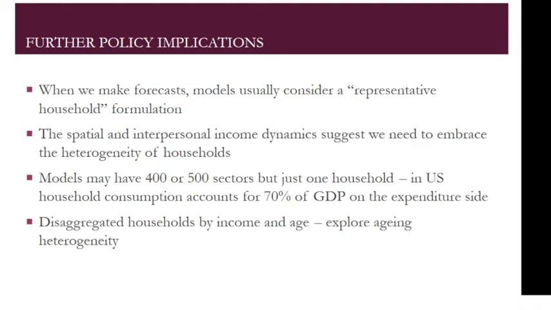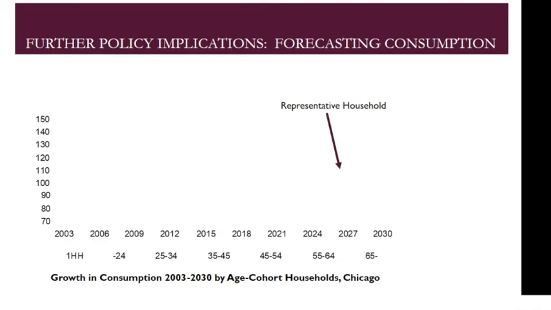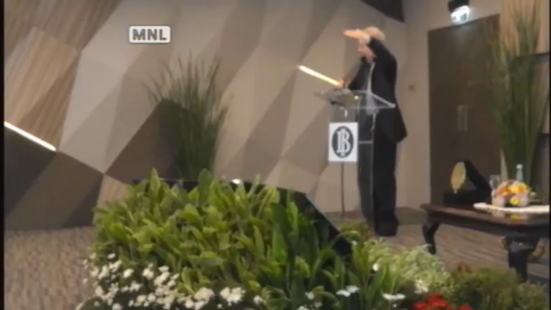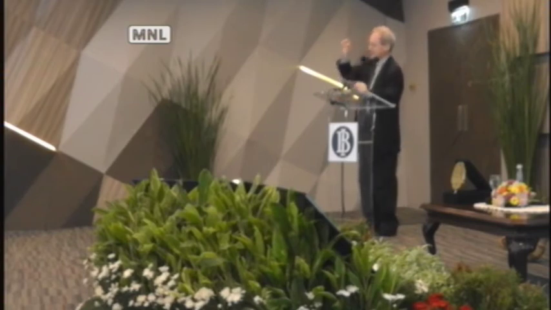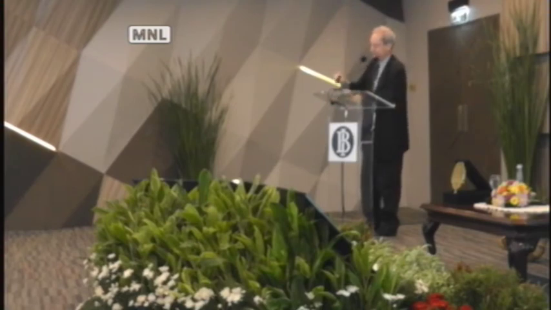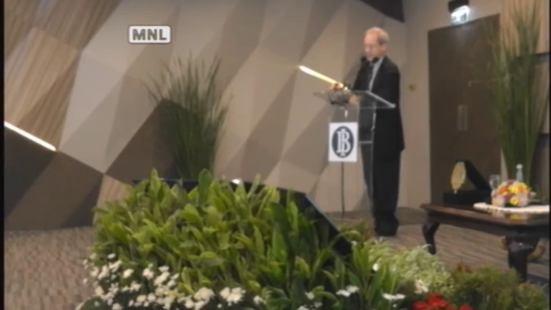It didn't show. Okay. You have to take this as faith-based interpretation because you can't see the data. But what we found is that when we disaggregate by age, we get a huge variation in the growth rates of consumption. And the representative household is really a mean with a huge variance. And that variance is growing all the time. I think in the printout, hopefully, that will show you.